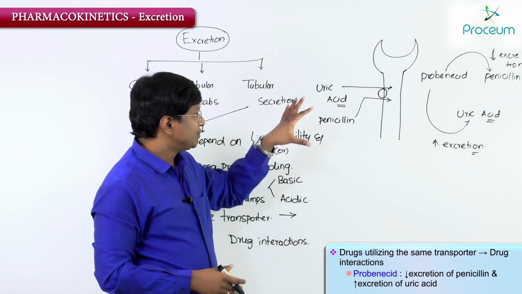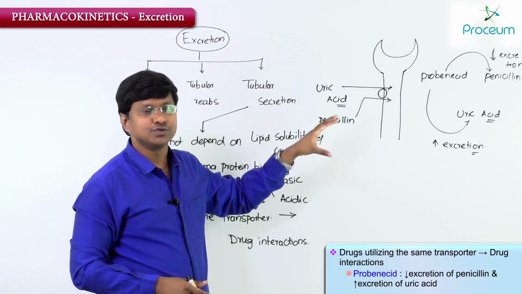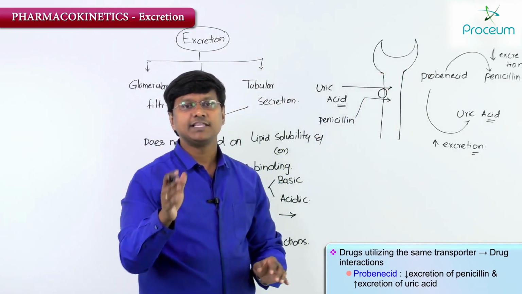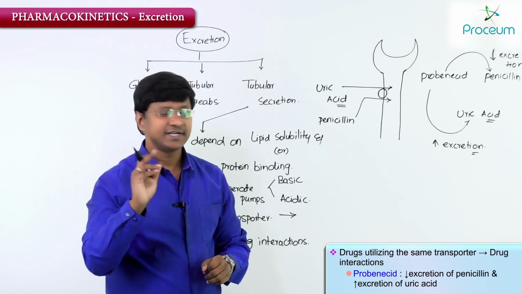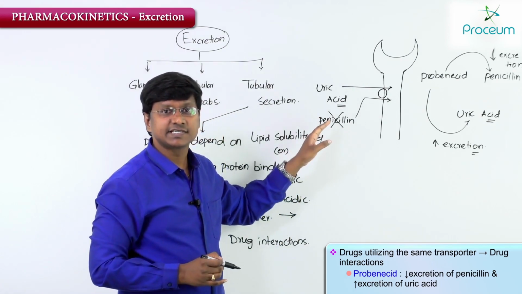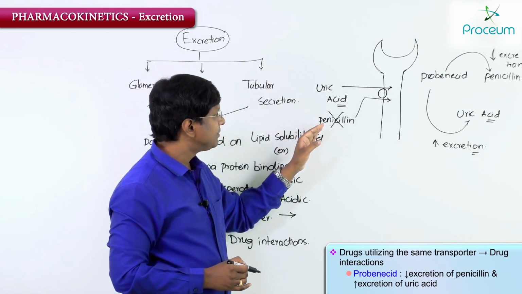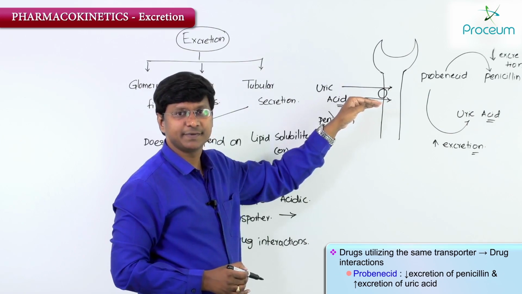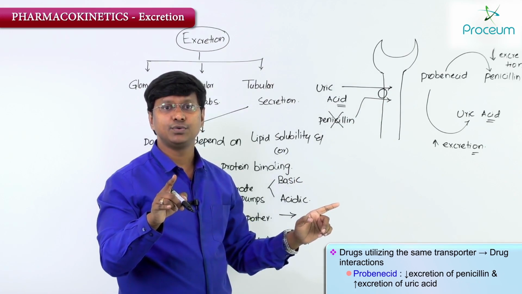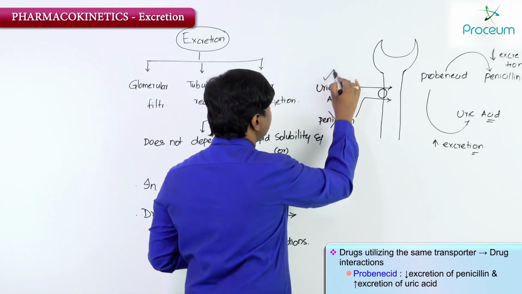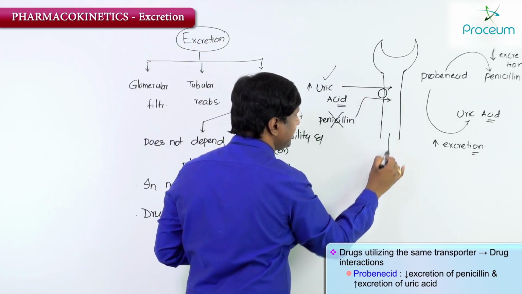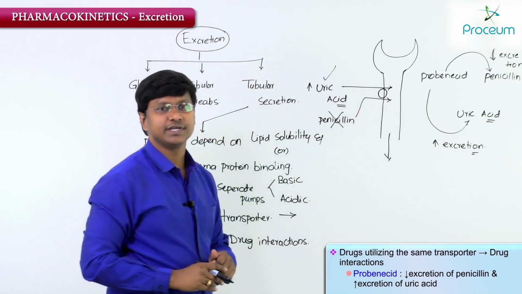Now, whenever you are giving penicillin, suppose you are giving probenecid, probenecid will decrease the secretion of the penicillin, thereby decreasing the excretion. But probenecid will increase the secretion of the uric acid and increase the excretion of the uric acid.